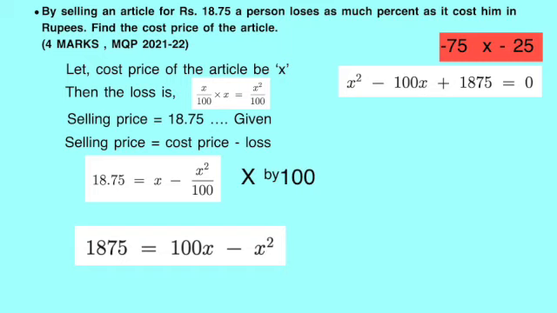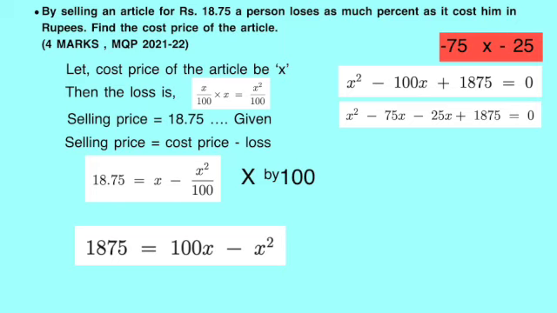Now we got the factors, and now substitute. We are going to factorize this trinomial by splitting the middle term. The middle term is minus 100x. It is split into minus 75x minus 25x. Therefore, the equation is x square minus 75x minus 25x plus 1875 is equal to 0.